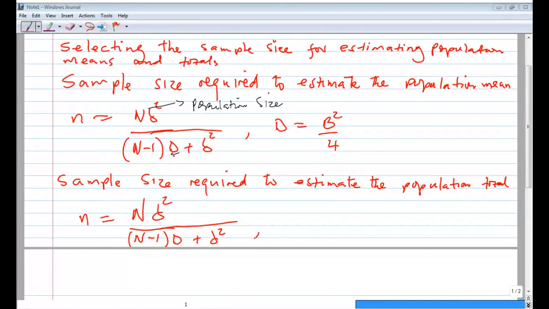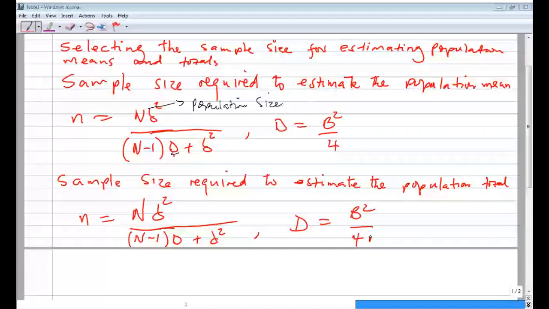The same thing, but the difference is at D. Now D is equal to B squared over 4N squared. See the difference between the two formulas? The one for population mean and the one for population total.